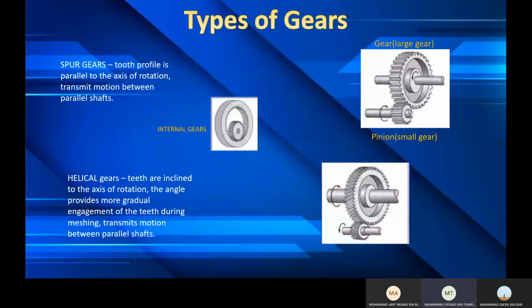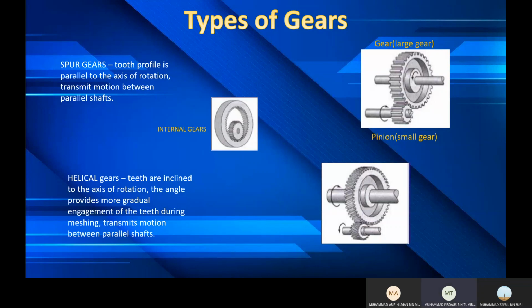Next, we will talk about the types of gears. The first one, spur gears. Tooth profile is parallel to the axis of rotation. Transmit motion between parallel shafts. Second, helical gears. Teeth are inclined to the axis of rotation.